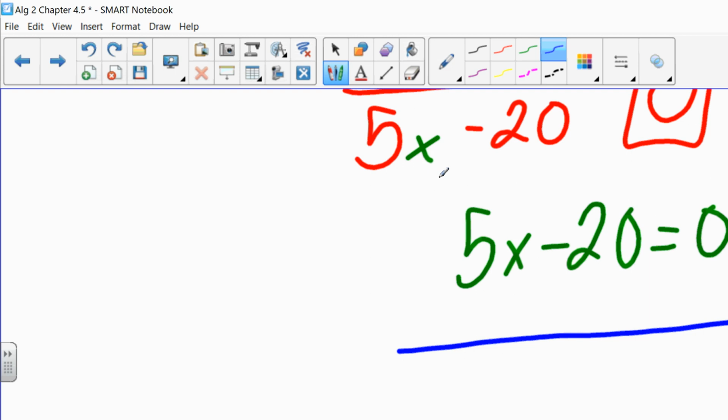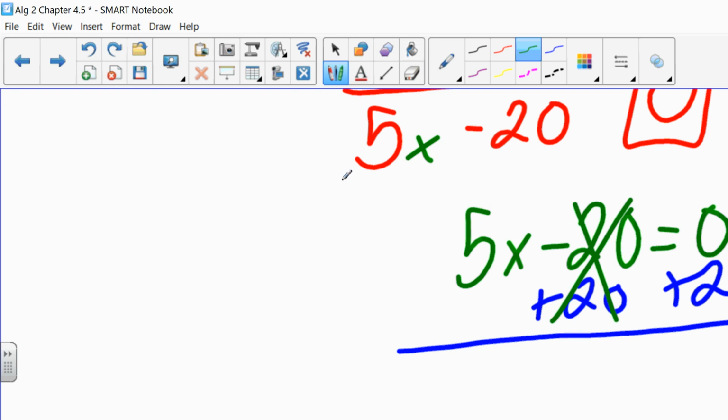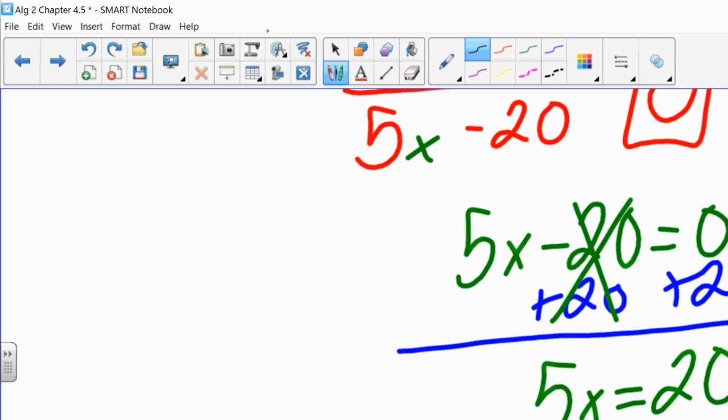So here we can add 20 to both sides. Negative 20 plus 20. So 5x is equal to 20. We would divide it by 5. So x is equal to 4, 4, and that's it.